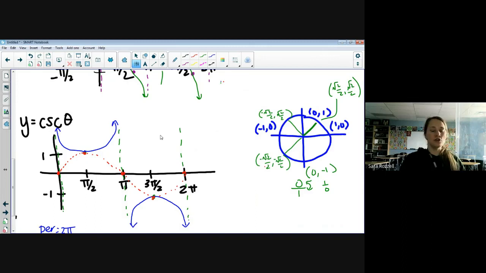So if you can draw, I always draw the sine graph first. I don't go through all this stuff with the points. I go, oh, cosecant, I'm going to do sine. Where there was a 0, I put an asymptote, and I flip the other ones over. So once you know what the sine looks like, you can just place it on there and then flip, flip.